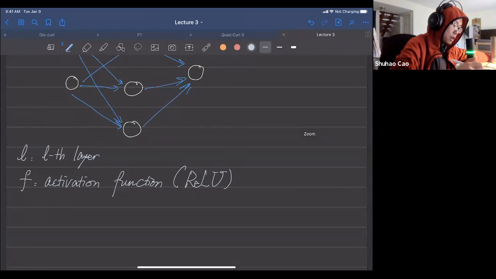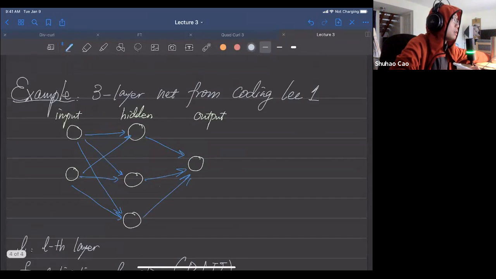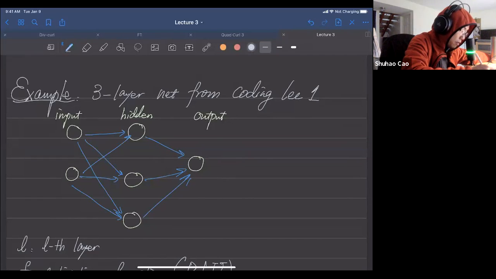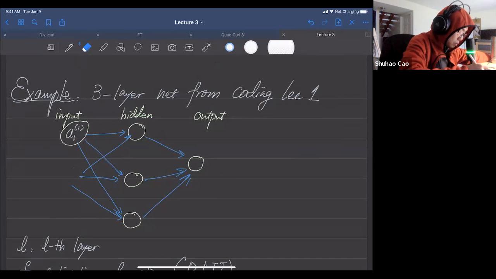So for example, in our layer 1, let's use this notation. This is A1 of our first layer, and this is A2 of our first layer.